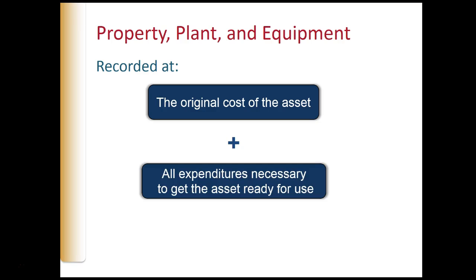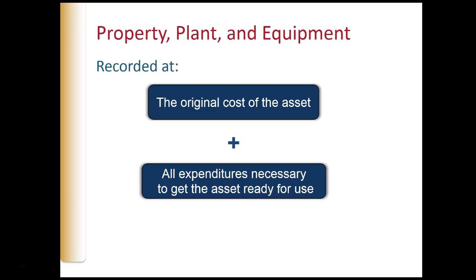The property, plant, and equipment category consists of land improvements, buildings, equipment, and natural resources. Now, we record a long-term asset at its cost plus all the expenditures necessary to get the asset ready for use. So the initial cost of a long-term asset might be more than just its purchase price.